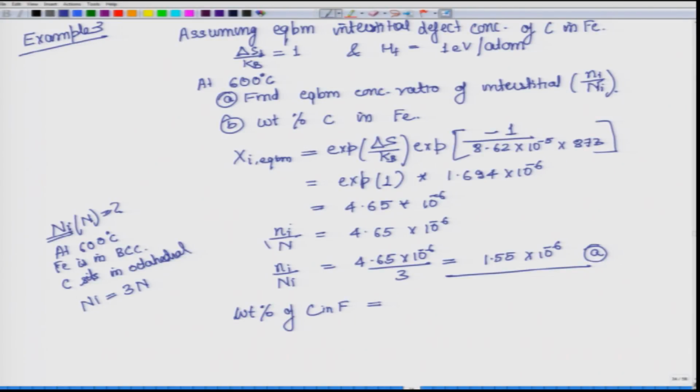Therefore, in the denominator, the total number we can take as 1, meaning for each one atom of total units there are so many carbon atoms and one Fe atom, and therefore, we will multiply it with 12 and 1 with 56 because that is the weight of iron, and therefore, this relation will look like this.